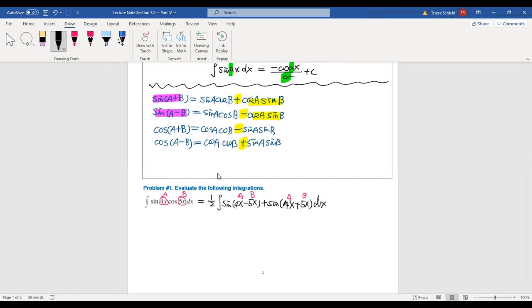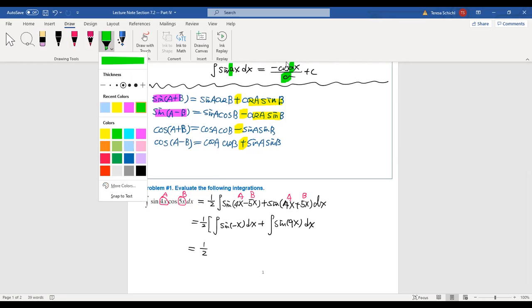Okay, so now in here we have 1/2, right? So this integration will be the integral of sine negative x dx, then plus sine 9x dx. Remember, the key thing to use if you have a constant is to divide by the constant.